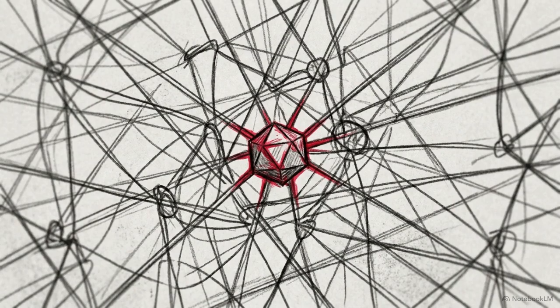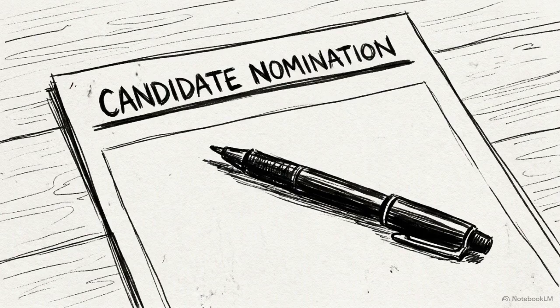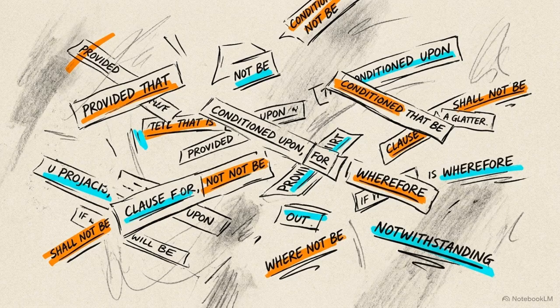Let's shift from the broad architectural structure down to the granular friction of executing a single legal action within it, such as evaluating a candidate's eligibility for office. This requires navigating Sections 34 and 35 of the Act, which govern the disqualification of candidates and elected members. The law does not offer a simple checklist.